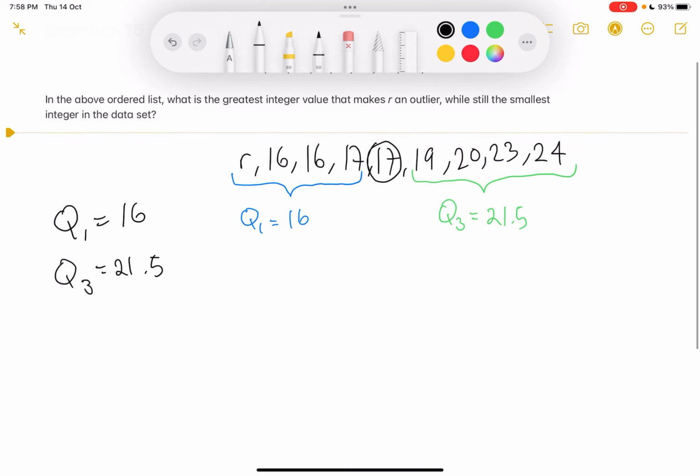We want to find the interquartile range, which just means the third quartile minus the first quartile. So the interquartile range is equal to third quartile minus the first quartile. In this case, we have 21.5 minus 16.